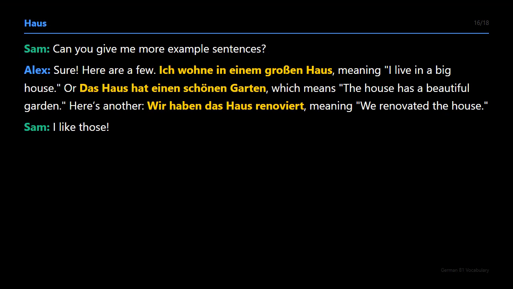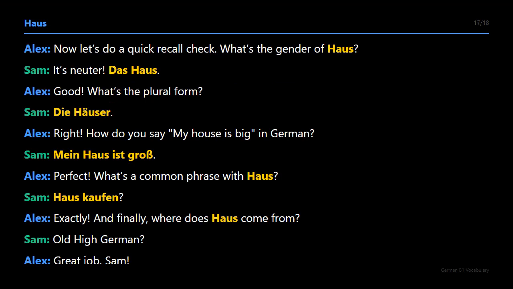I like those. Now let's do a quick recall check. What's the gender of Haus? It's neuter. Das Haus. Good. What's the plural form? Die Häuser. Right. How do you say my house is big in German?